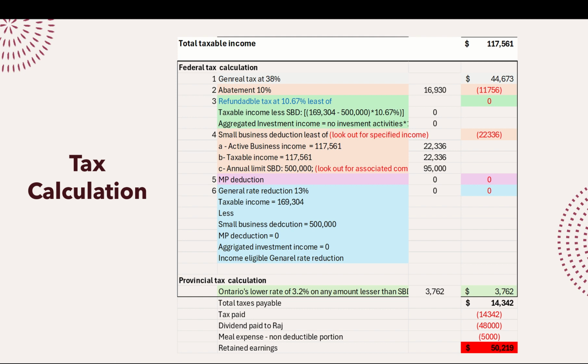In another video, I'll show you a demonstration with a higher revenue, so you can see the general rate and the refundable tax credit. This refundable tax credit generates from the aggregated investment income usually.